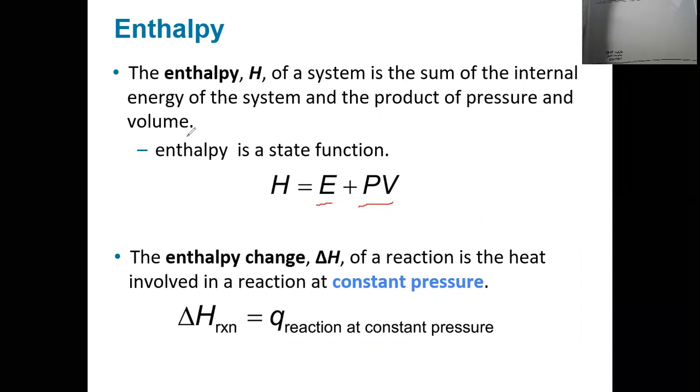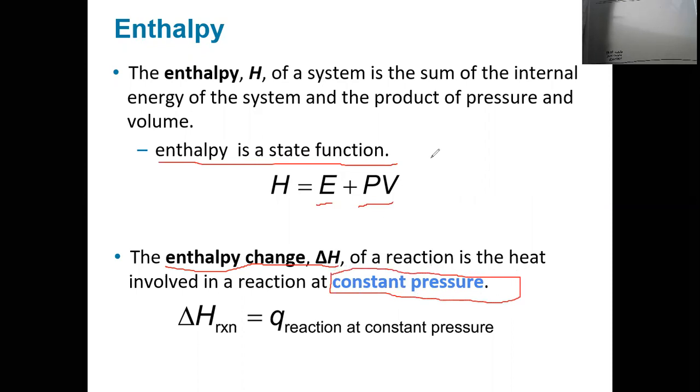Enthalpy itself is a state function. And remember, state function means that the process doesn't matter. It's only final minus initial. That change between final minus initial is what matters. So enthalpy change, or your delta H value, is going to be the heat of a reaction when your pressure is constant.